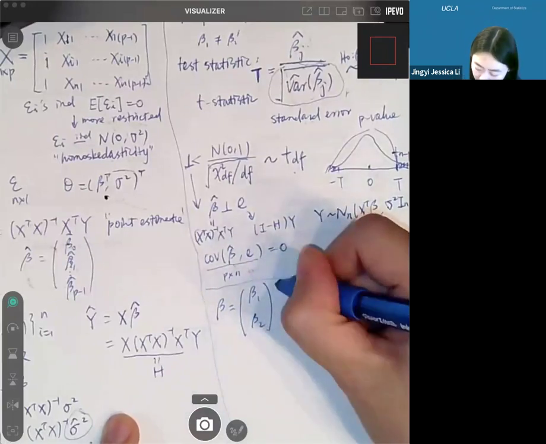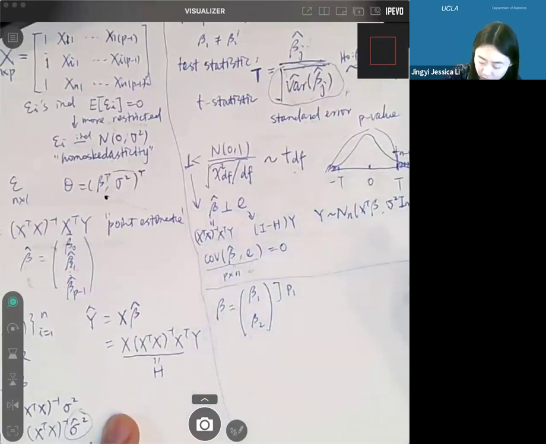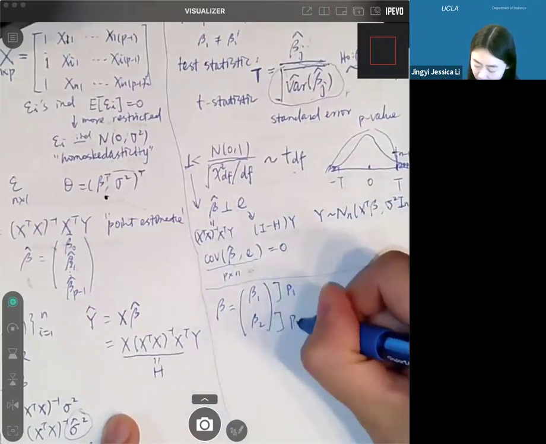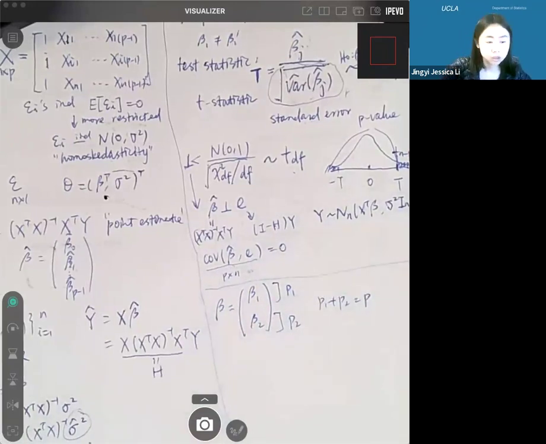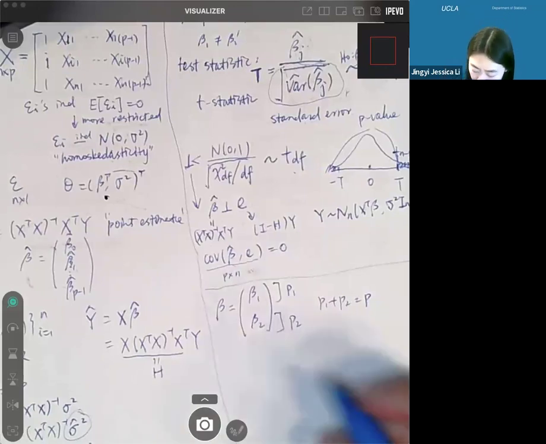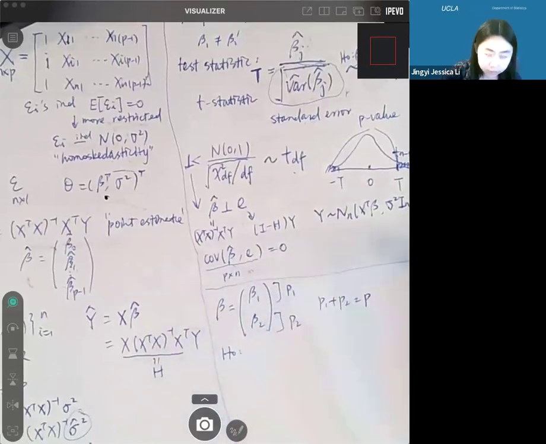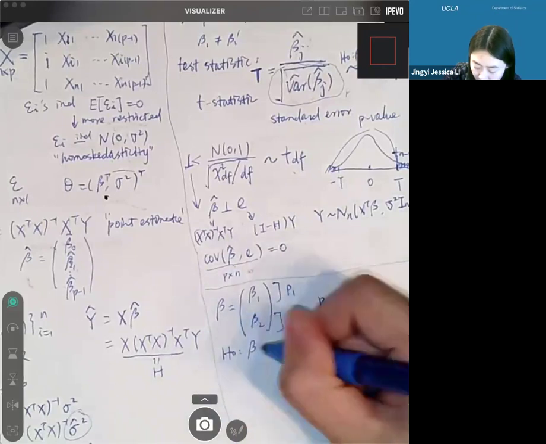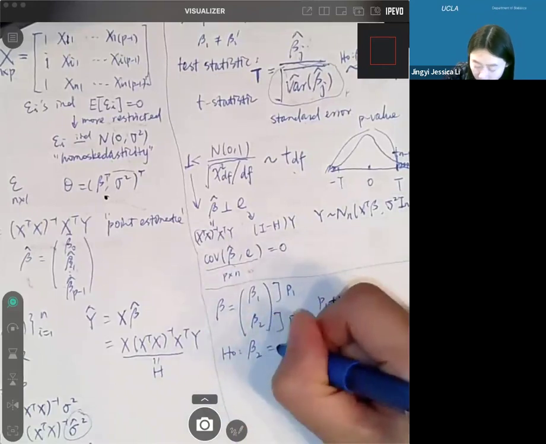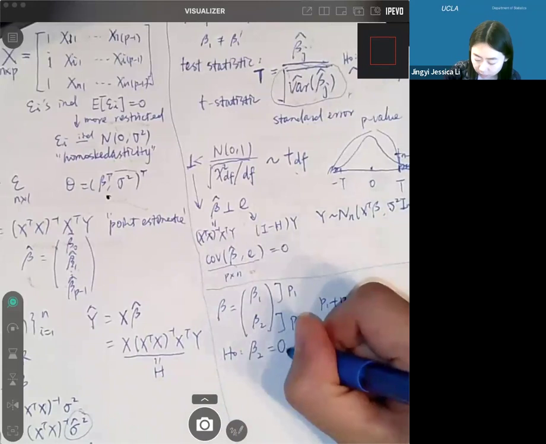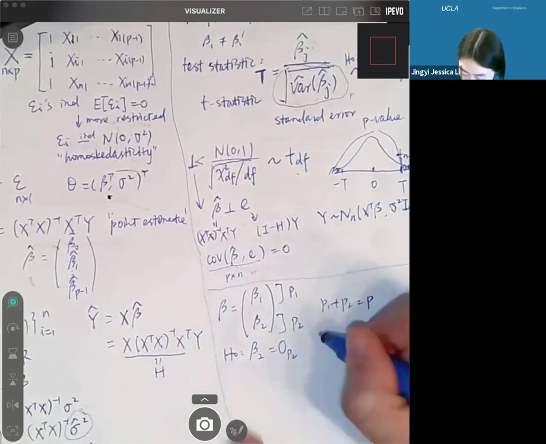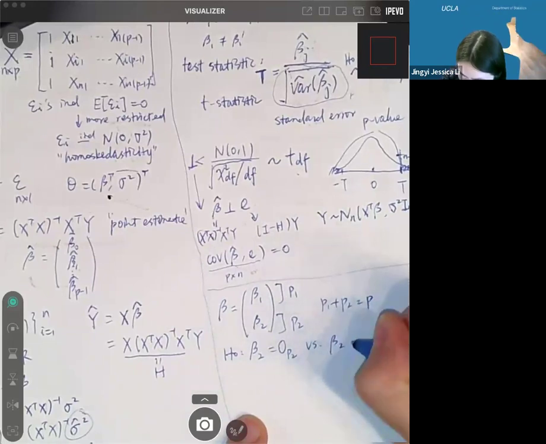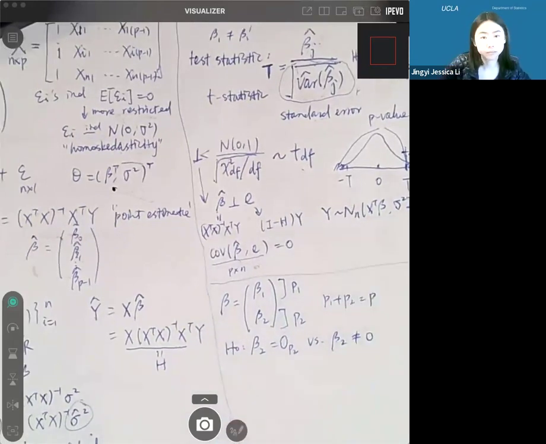The first chunk is p1-dimensional, the second chunk p2-dimensional, with p1 plus p2 adding up to p. In this case, our null hypothesis becomes beta 2 being a 0 vector with p2 dimensions, versus beta 2 is not a 0 vector.